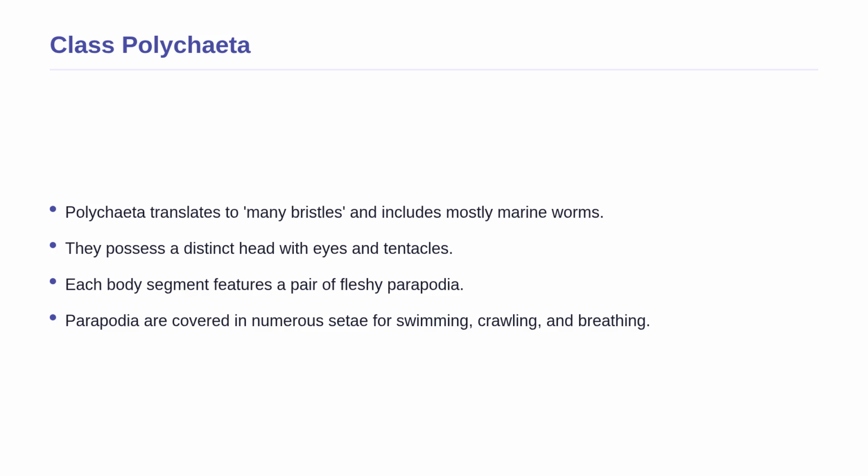True to their name, each of their body segments features a pair of fleshy, paddle-like parapodia. These parapodia are covered in numerous setae. The worms use these bristly appendages not just for swimming and crawling along the ocean floor, but also for breathing, as they act very much like gills in the water.